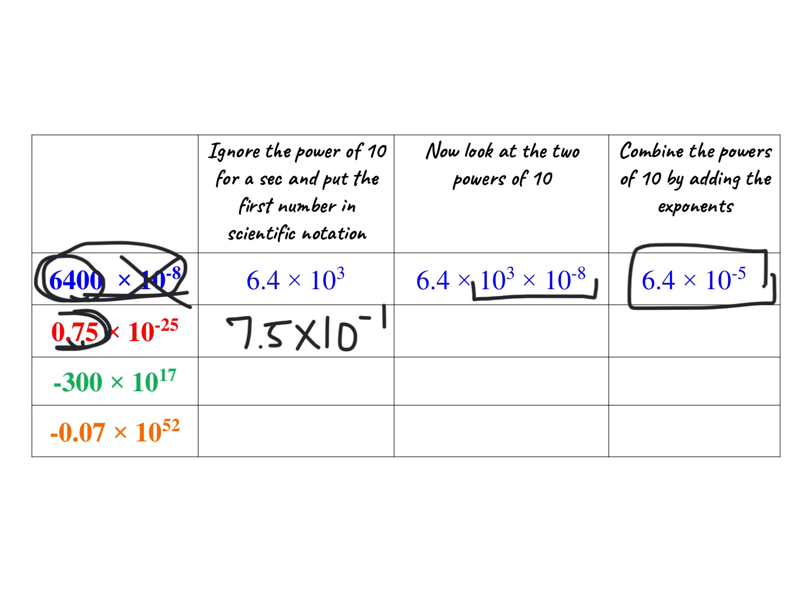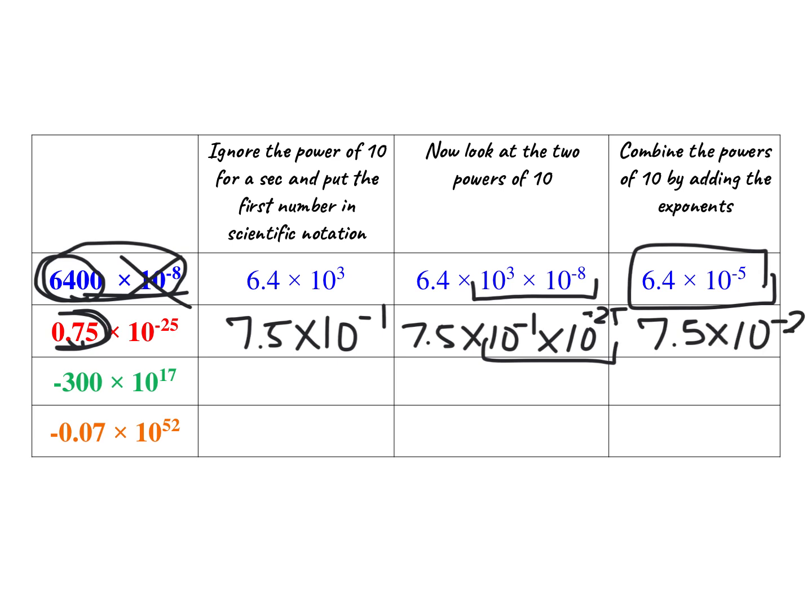So if you think about it, 7.5 times 10 to the negative first times 10 to the negative 25th, these have the same base, so you can add the exponents, leaving me with 7.5 times 10 to the negative 26th. All right, try the next one.